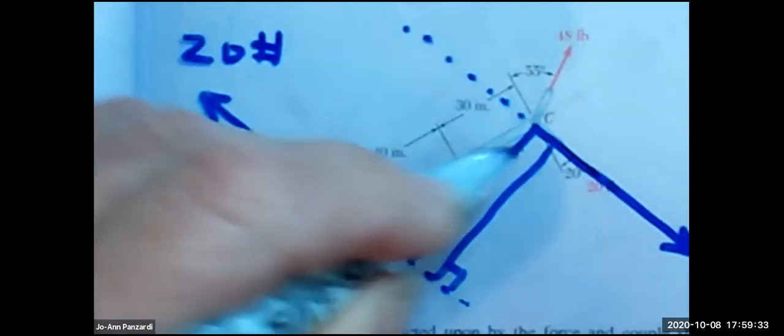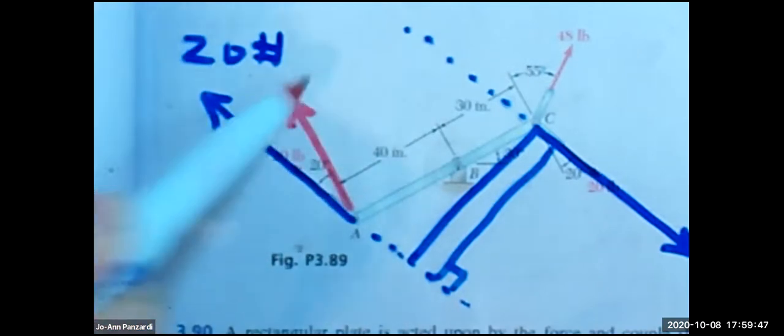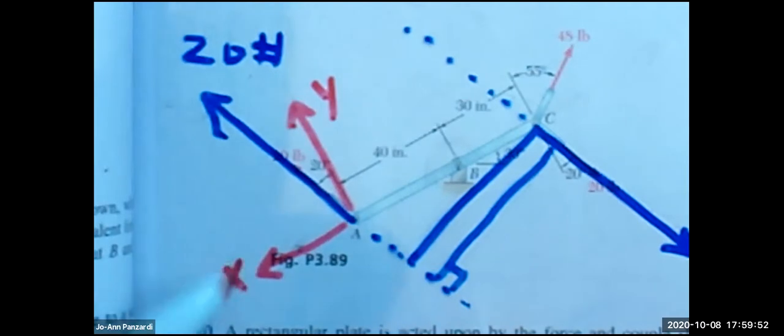This perpendicular distance is right here in this triangle. But I don't want to calculate that. For me, it's easier to break the force, the couple, into components. I have a Y component and I have an X component. Do you agree? Yes.